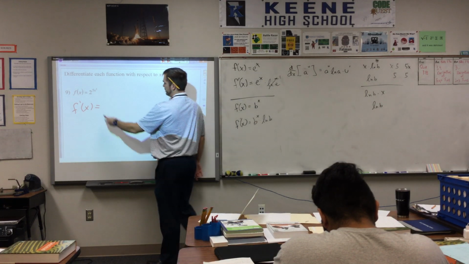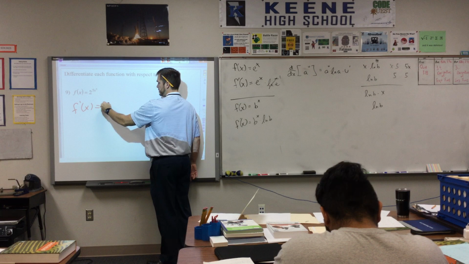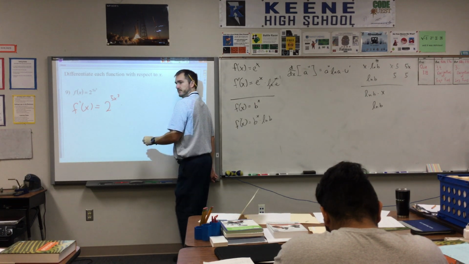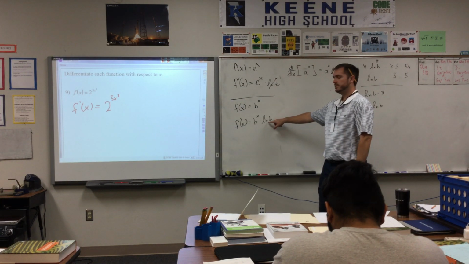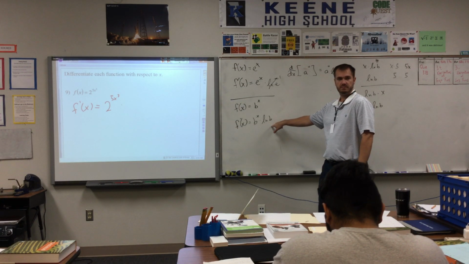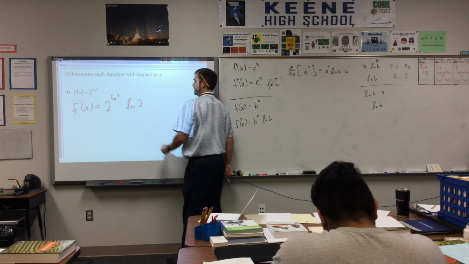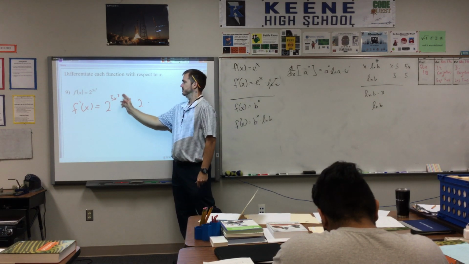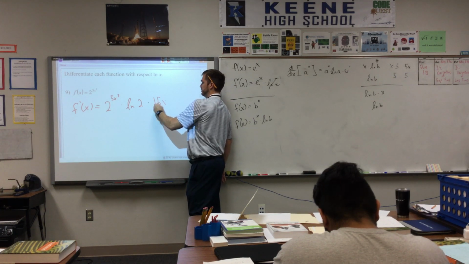The derivative of 2 to the 5x cubed is just 2 to the block times the derivative. Well, hold on, ln b. Oh yeah, I want to make sure I don't forget that. So ln 2, and then times, as you were saying, Ivan, the derivative of the exponent. So 15x squared.